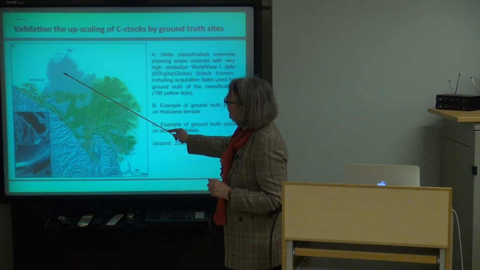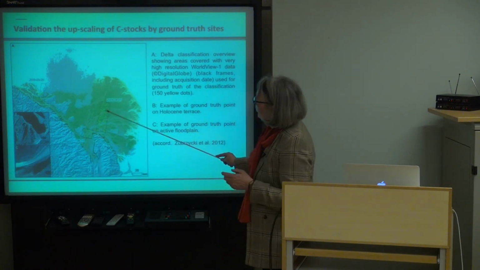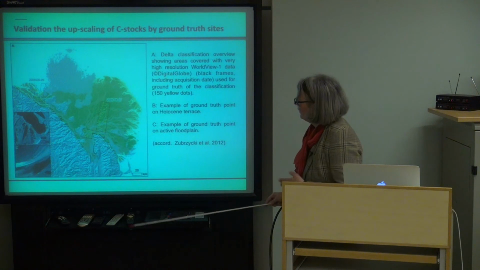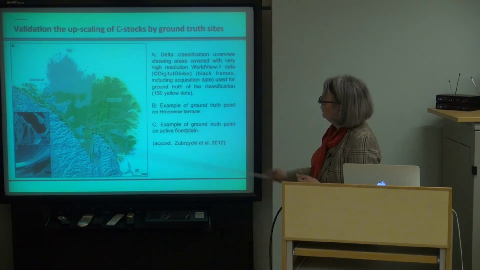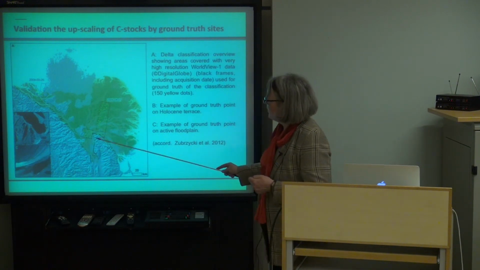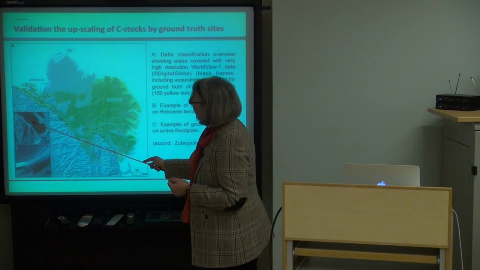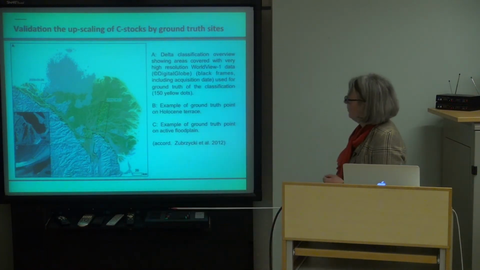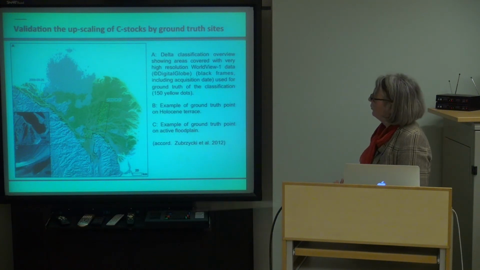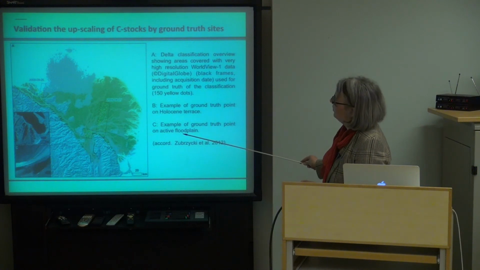We had some information of the remnants and also of the agar complex, but only we had this nice big set of data for the ground truth data for these two units. And so we had this information from the picture and could go in the field because we stayed there and could correlate the examples of the ground, using them as ground truth data points for both sides, for the Holocene terrace and also for the floodplains.